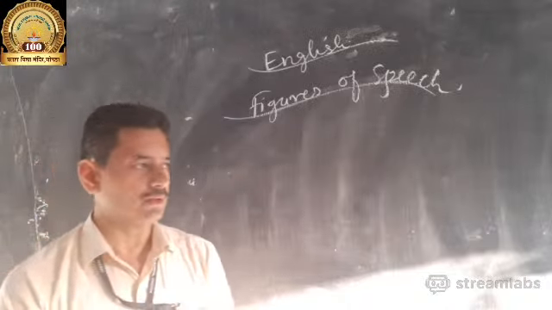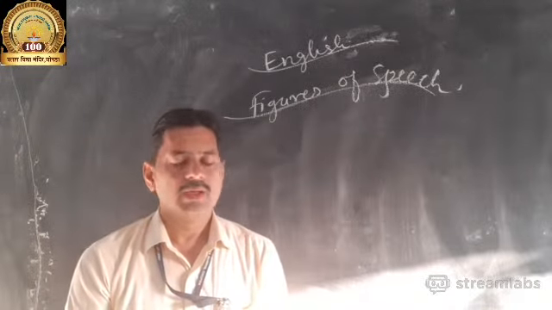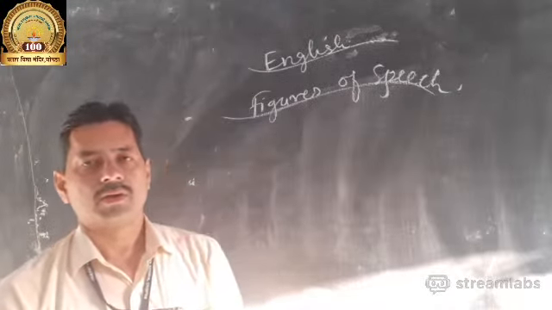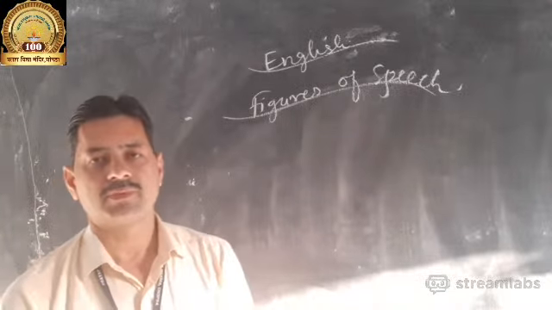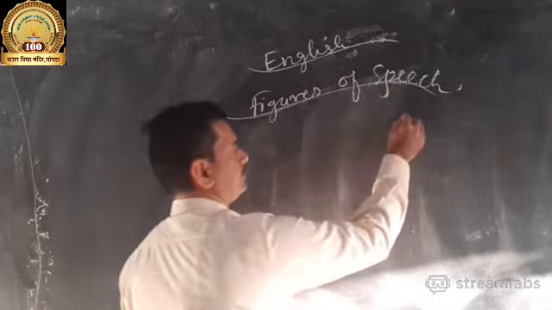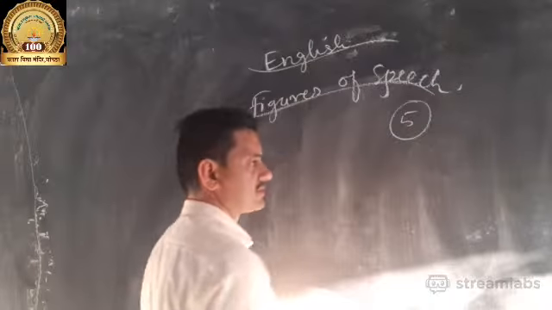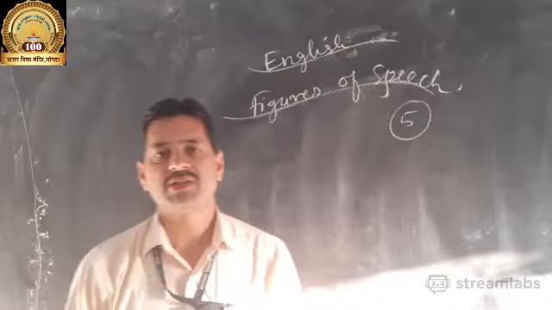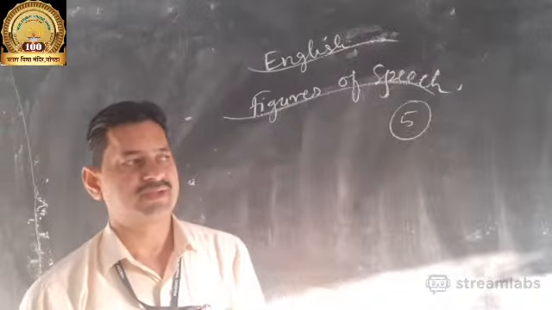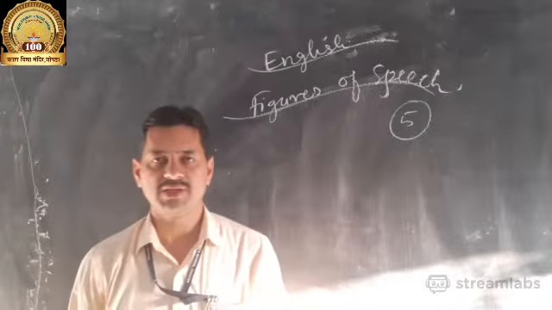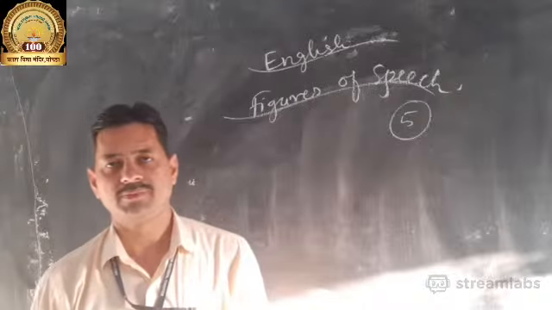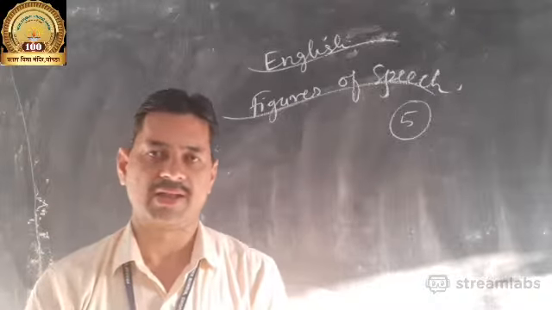Friends, in appreciation of the poem, we know that question is for 5 marks. Obviously, questions are such as name the poem, name the poet, rhyming scheme, figure of speech, and then central idea.